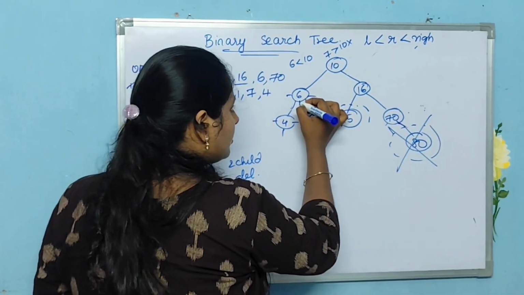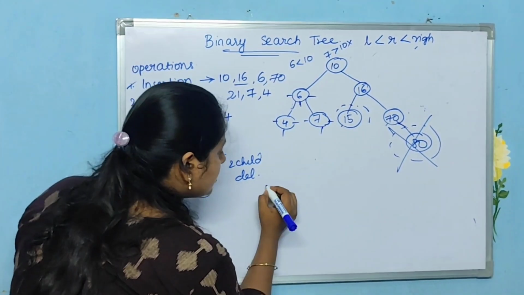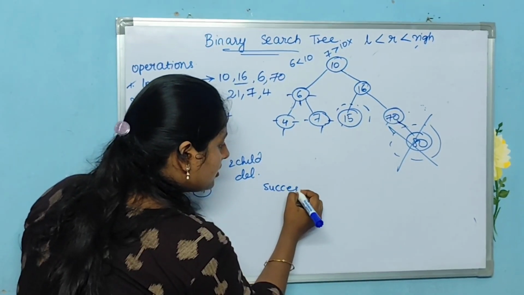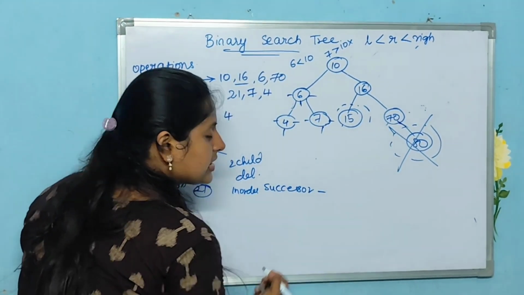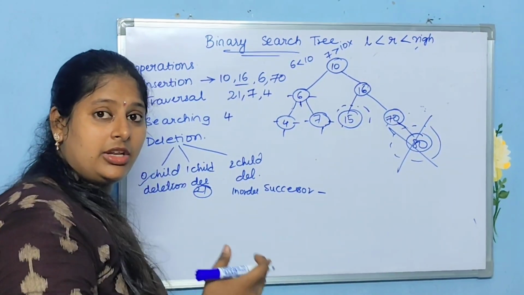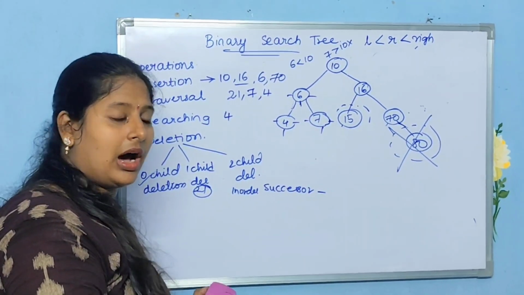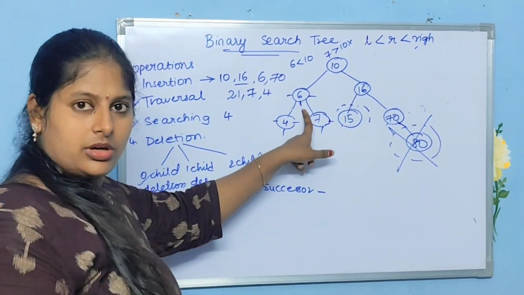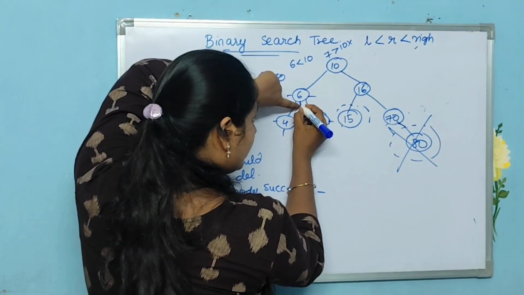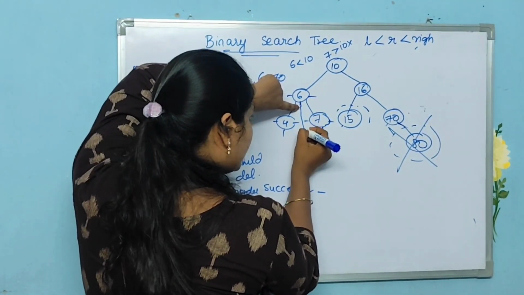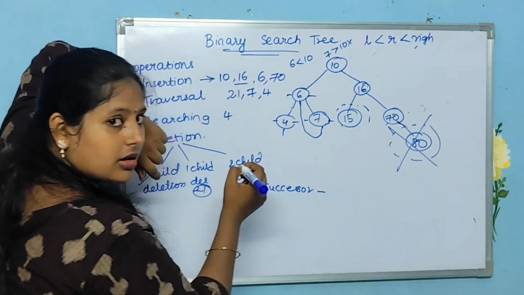See, 6 is here. Successor means next. Inorder successor means the Inorder node which is coming after this particular node. Okay. Successor after, not previous one. This is my Inorder. After this, which Inorder is there? This Inorder is there. Okay.